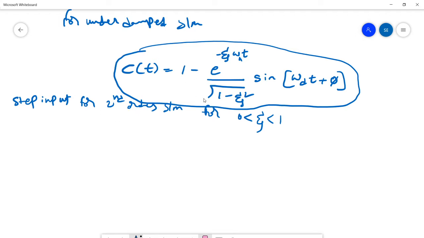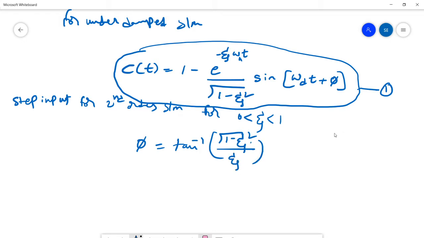So consider this, right? Now if you take this equation, we'll write it with phi, where phi is equal to tan inverse of root of 1 minus zeta square by zeta, and omega d is the damped frequency.